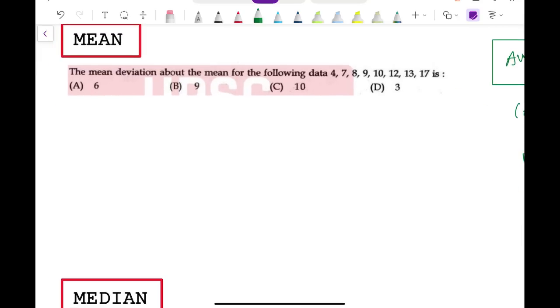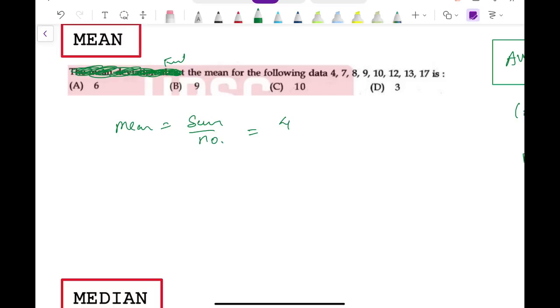So mean simply means average only. Mean means average only: the sum of the terms divided by the number of terms. Oh, this is mean deviation, so I'll just reframe this question. Find the mean of the following data.